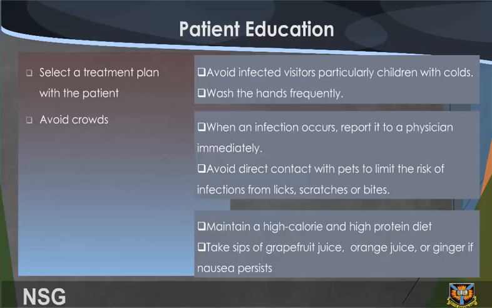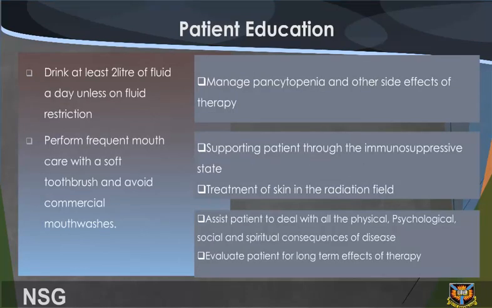Avoid direct contact with pets to limit the risk of infections from licks, scratches, or bites. Maintain a high-calorie and high-protein diet. Take sips of grapefruit juice, orange juice, or ginger ale if nausea persists. Drink at least 2 liters of fluid a day, unless on fluid restriction.